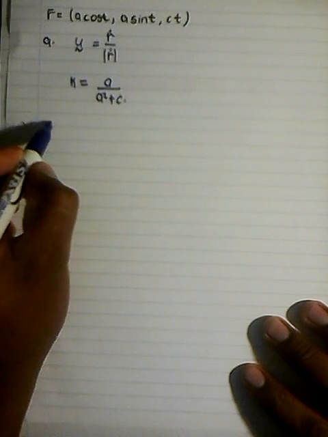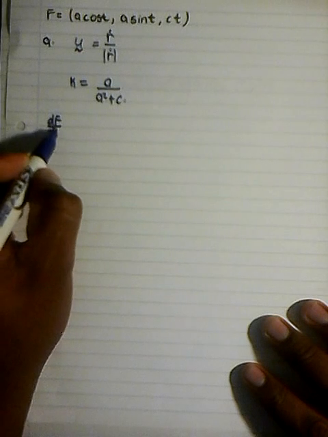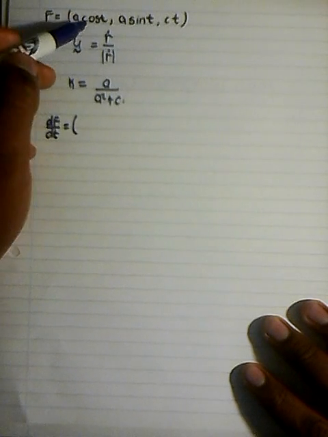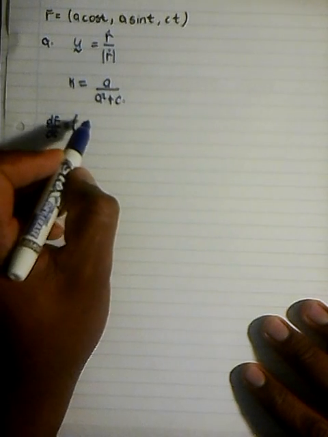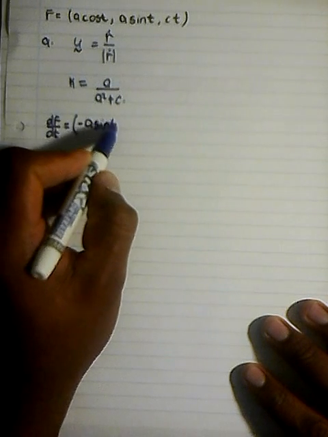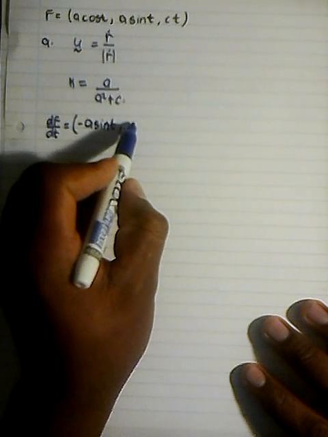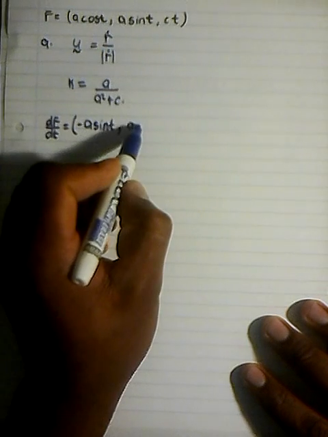Okay, so dr/dt is equal to: the derivative of cos t is minus sine t, so we're going to have minus a sine t. The derivative of sine t is cos t, so we're going to have a cos t.